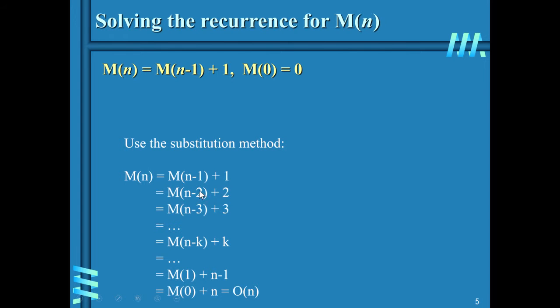We replace M(n-2) by M(n-3) plus 1, right? So you can use this substitution. Finally, you have M(1) plus n-1. So the result is M(n) equal to big O of n.